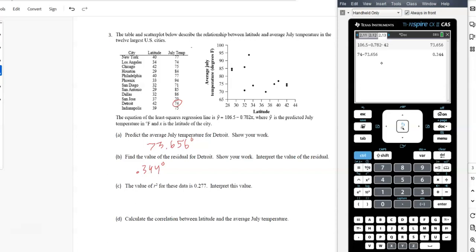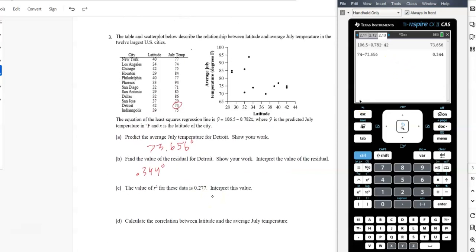The value of R squared for this data is 0.277. So interpret this value. 27.7% of the variation in y, which is average July temperature, can be explained by the least squares regression line given the latitude. Let's just check that one.